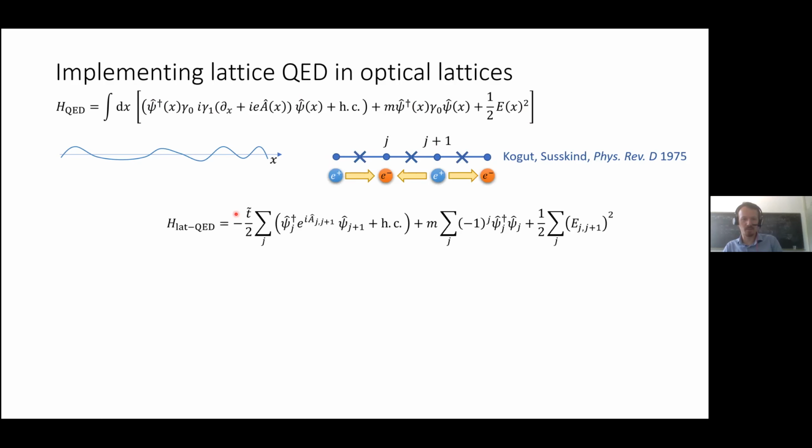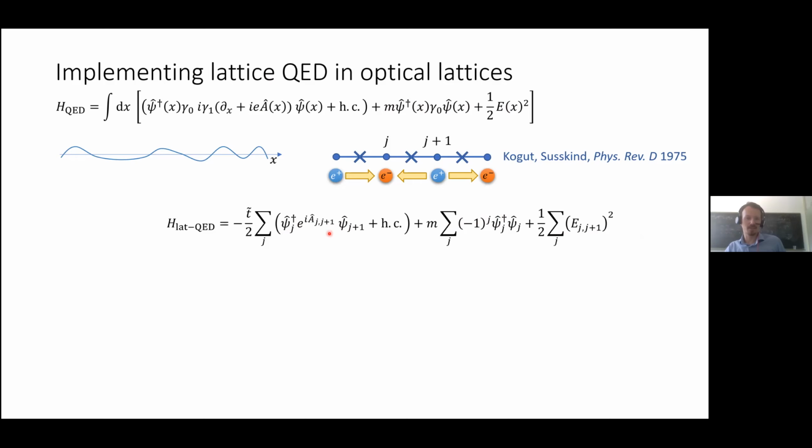So now the discretized version of our Hamiltonian becomes this. The electric field is just discretized. For the fermion rest mass, as I said, we split electrons and positrons on alternating sites. So we interpret one of them as electron and the other as positron, and so they get alternating rest mass. And then the kinetic energy is just a tunneling of the fermions. And now the minimal coupling appears up here.